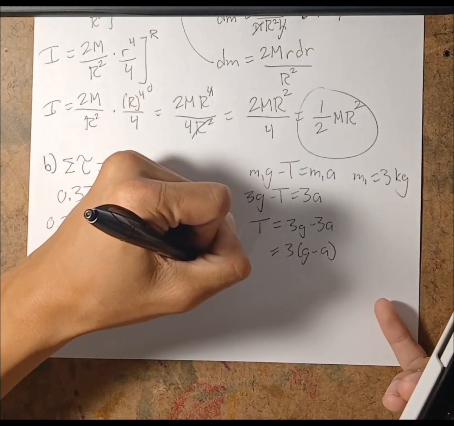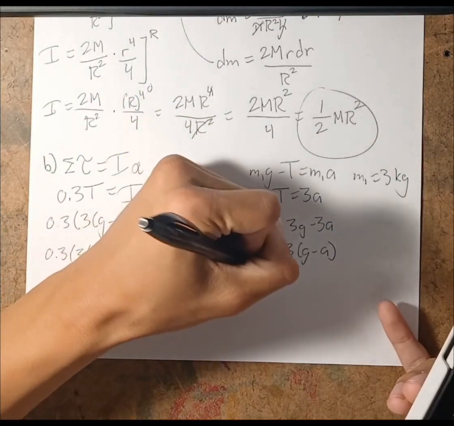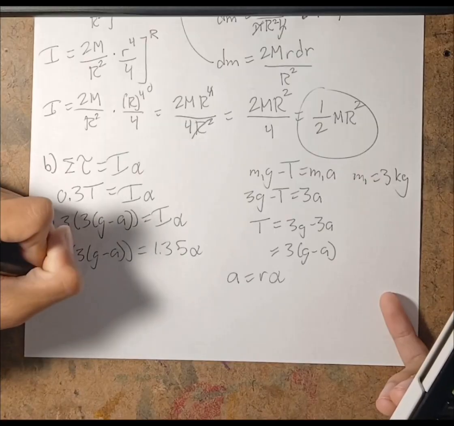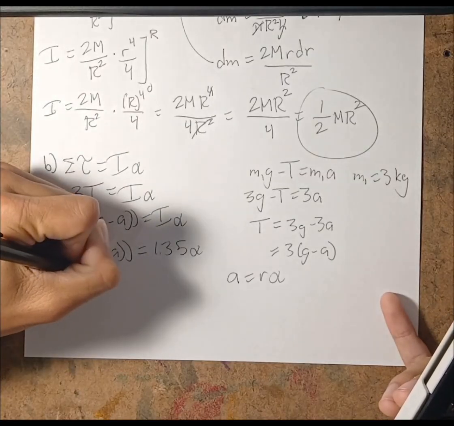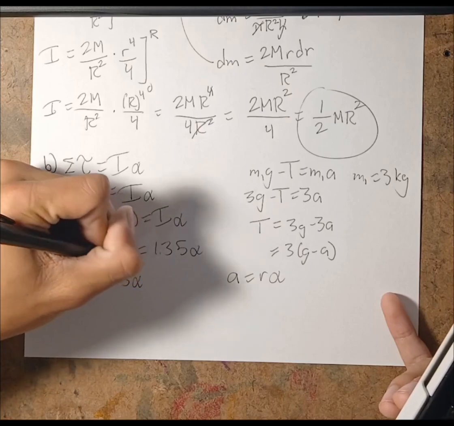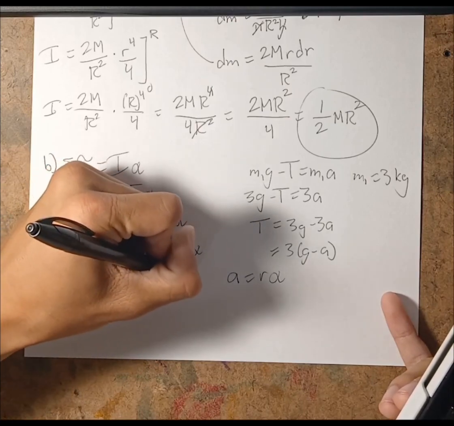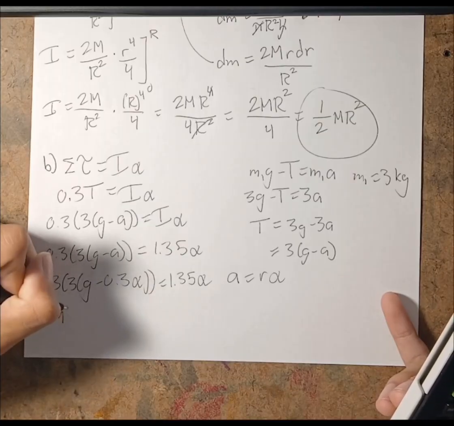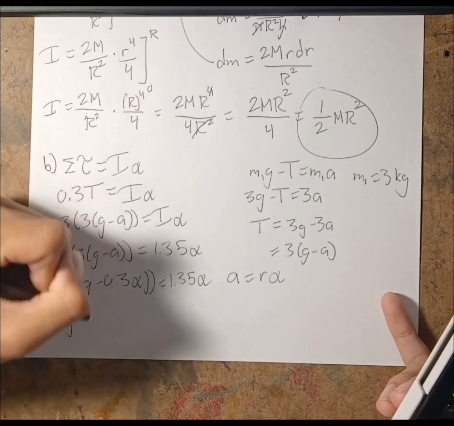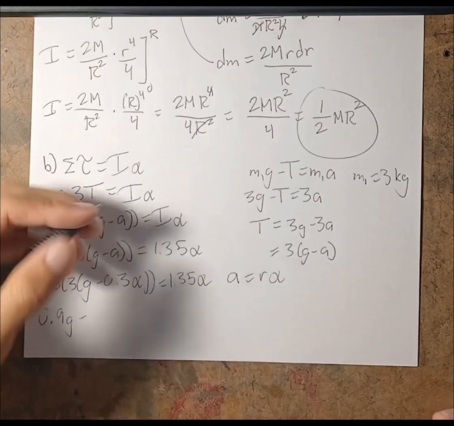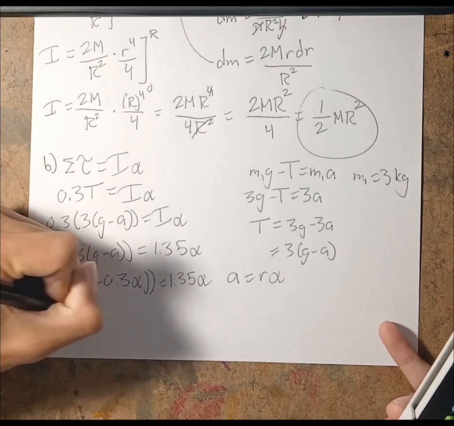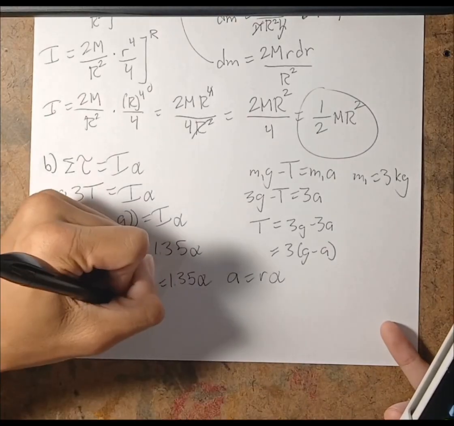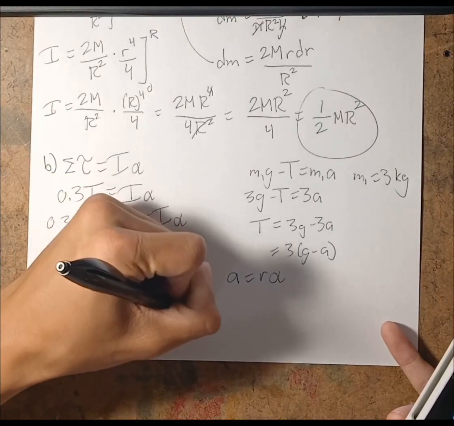Now we know that A, linear acceleration, equals R alpha, so we can just sub that in here, 0.3. And again, we know that R is 0.3 meters. We can distribute the 0.3, so 0.9 G minus 0.27 alpha equals 1.35 alpha.